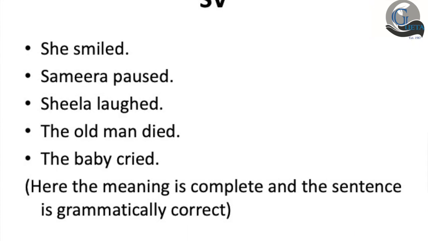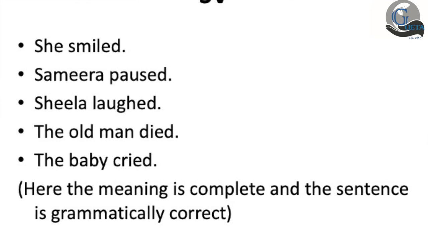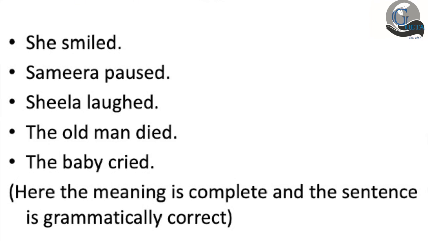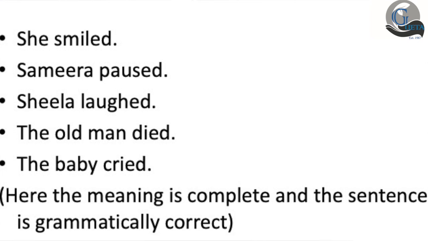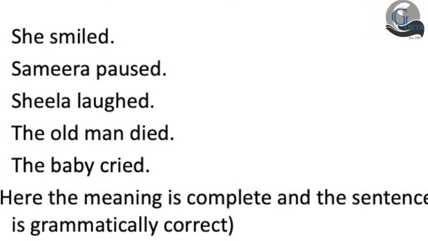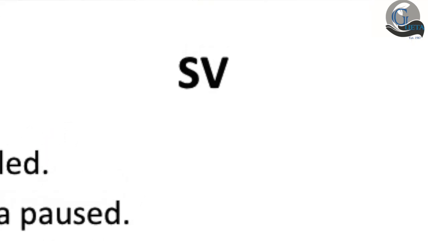For example, she laughed, he smiled, the baby cried, she was sleeping, I am talking. In all these examples, the sentence is complete. You can put a full stop after the verb. And these are examples of the verb pattern SV.